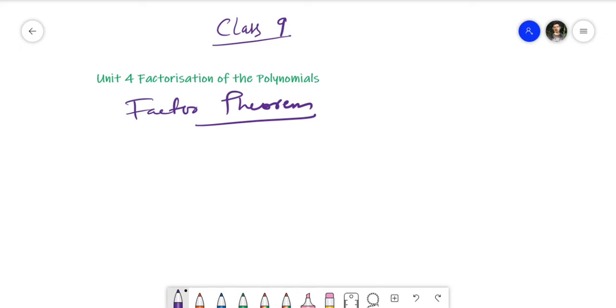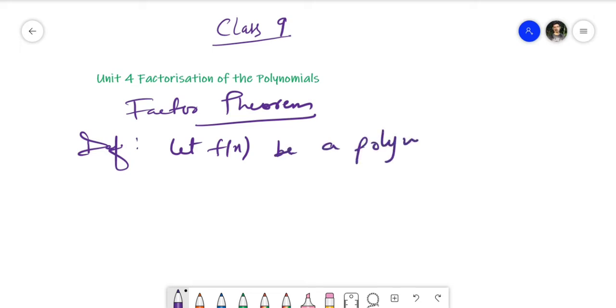Before I start, let me give you the definition. Let f of x be a polynomial, whatever it may be, of degree n, where the degree must be greater than or equal to 1.